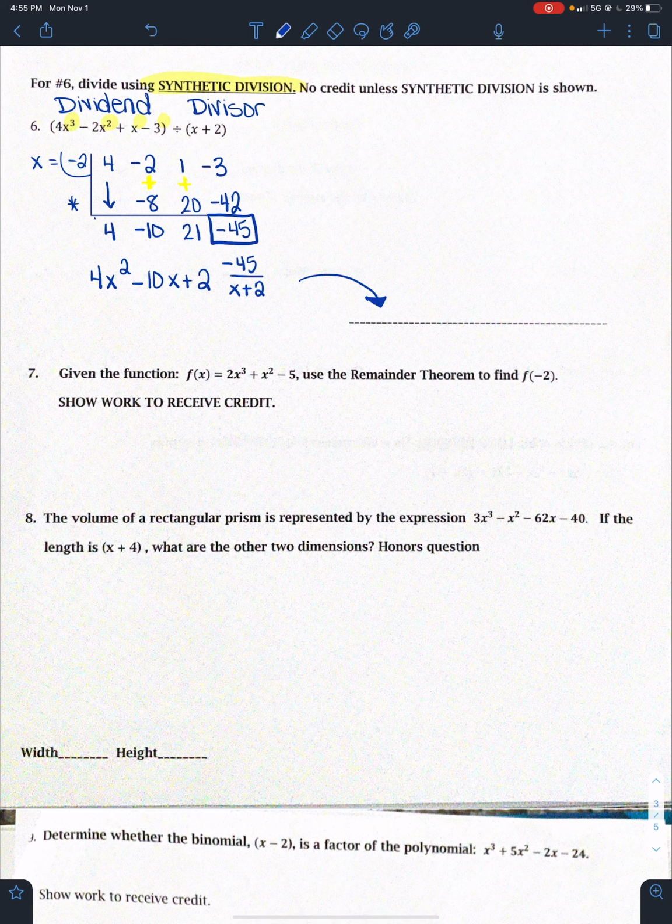Also, one of the things we talked about today, would this be part of the remainder theorem or the factor theorem? Well, since it has a remainder, it is going to be part of the remainder theorem.